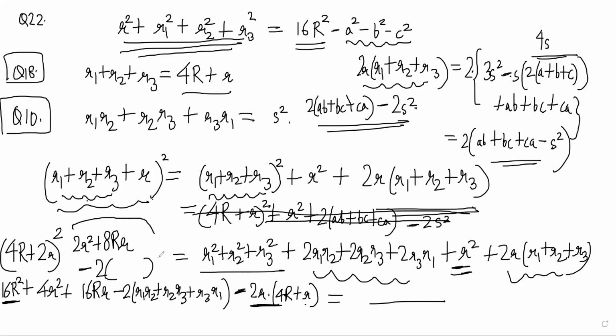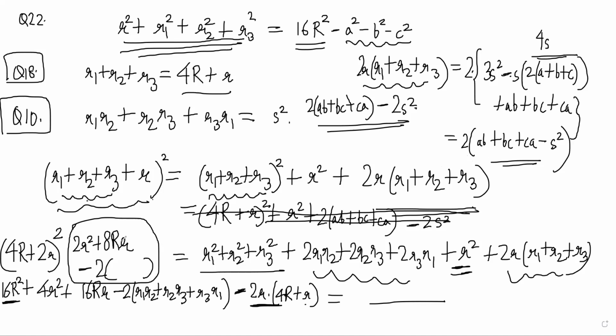We have to prove that this much is equal to minus of a square plus b square plus c square, right? To prove that, sir, we also have that r1 r2 plus r2 r3 plus r3 r1 as s square, no? If we use that, we can get the abc terms then.